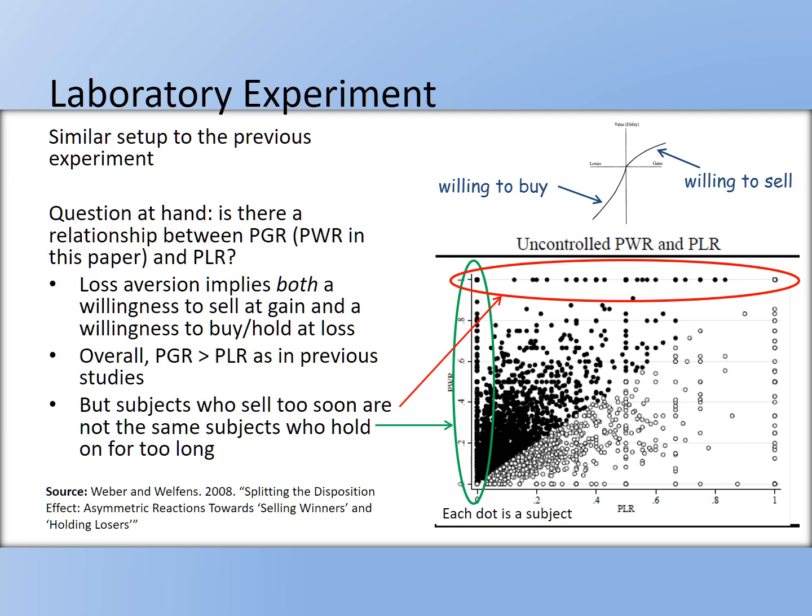So this is PRR 0, right? PRR 0. So he's never going to sell at a loss. If the explanation is prospect theory, then what you would expect is that the very same people who are unwilling to sell at a loss would be the same people who are very willing to sell at a gain.